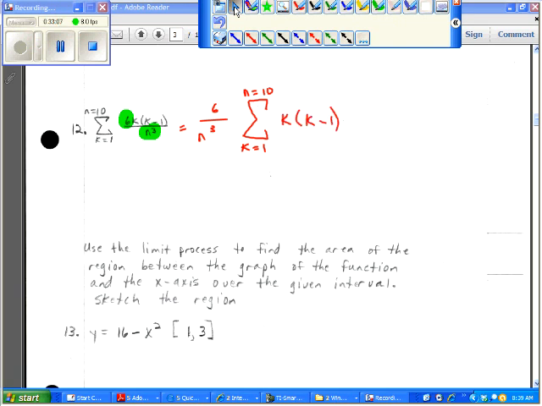We just went ahead and pulled off that 6 over n cubed. It would work the same either way, but it's easier to go ahead and pull it off. And then we're going to distribute here, and that would give us 6 over n cubed times the sum as k runs from 1 to 10 of k squared minus k.